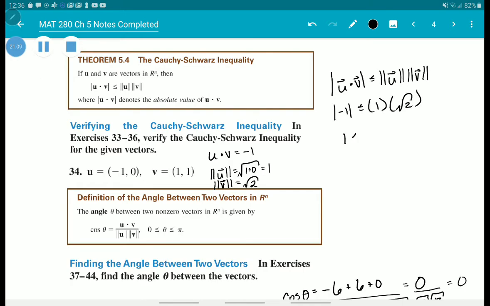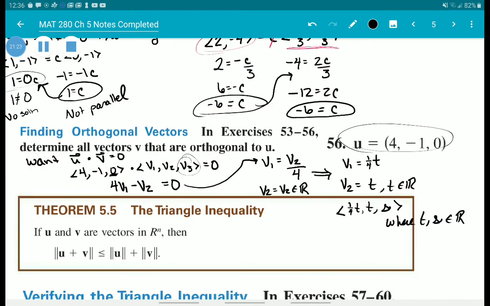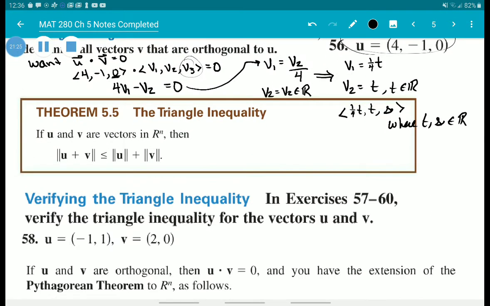So we have 1, and 1 is definitely less than or equal to the square root of 2. Cauchy-Schwarz inequality is usually used to prove things. So we're not going to do a lot with it, but it does come up if you read some of the proofs. The next one I want to talk about is the triangle inequality.